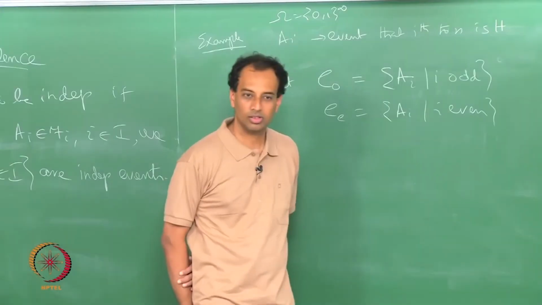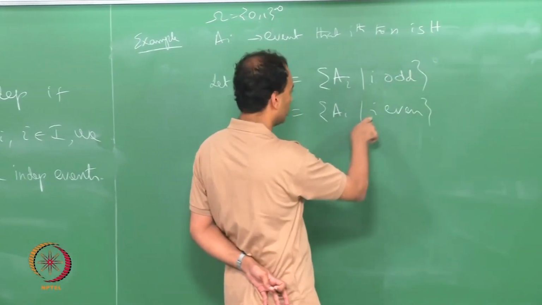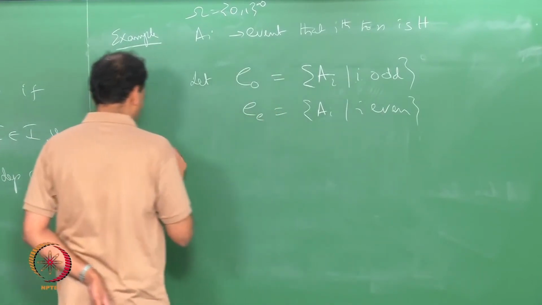So what I mean is, here i is 1, 3, 5 and so on, and here i is 2, 4, 6 and so on.